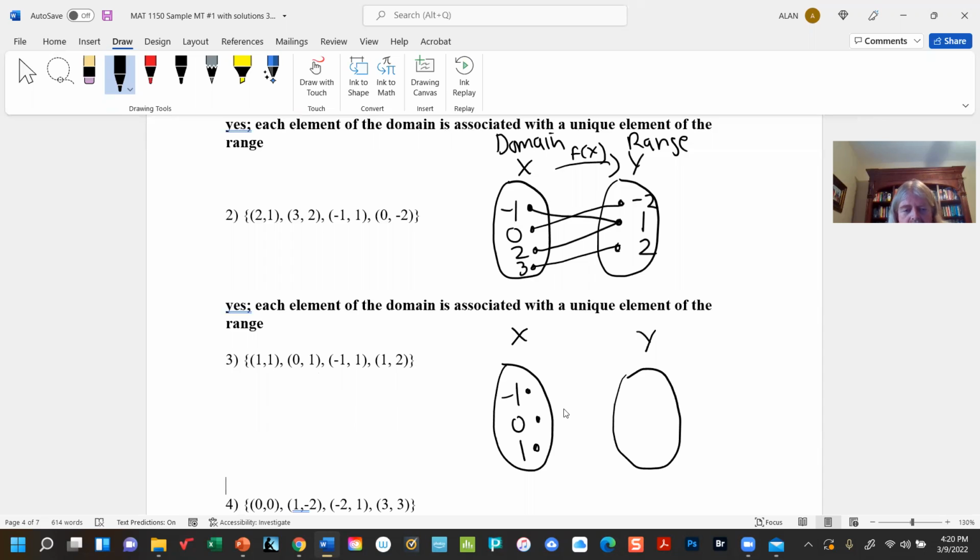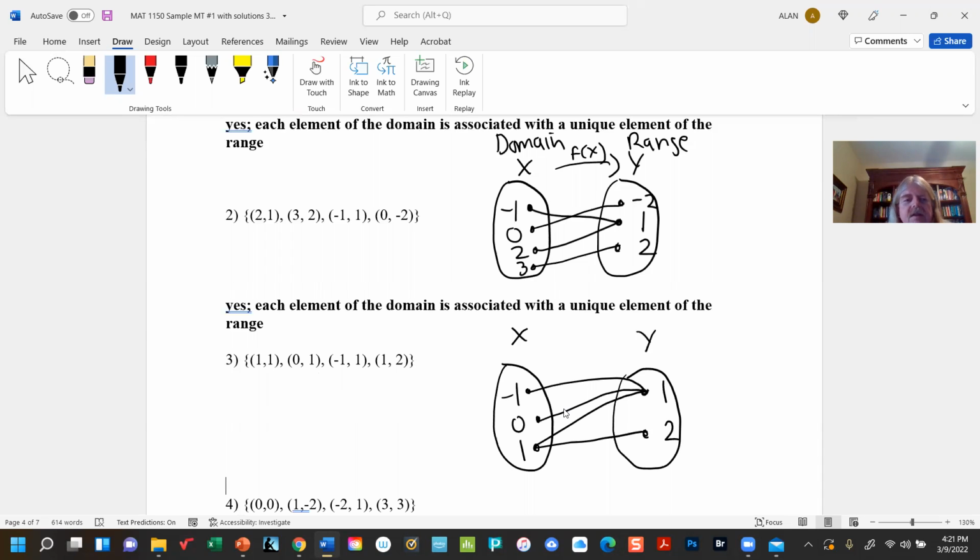The y's are 1 and 2. All right, here we go. 1 is associated with 1, 0 with 1, -1 with 1, 2. See, here's the problem right here. x equals 1 is associated with both 1 and 2.